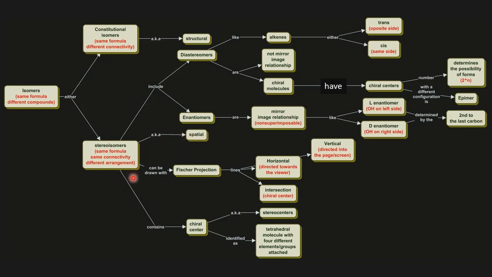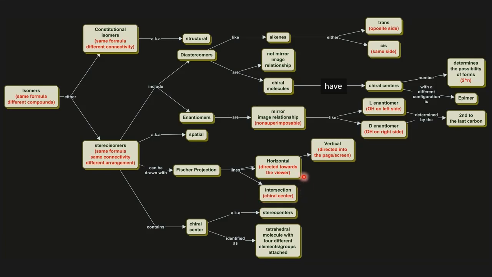This type of isomer can be drawn using a Fischer projection. In a Fischer projection, we consider its different components. The intersecting lines mark where we find the chiral center.